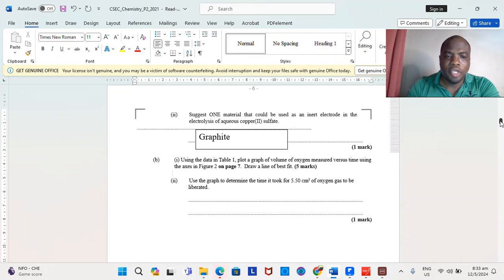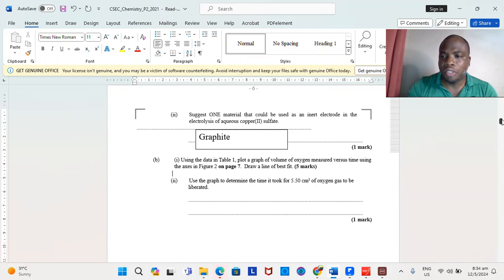It says, using the data in Table 1, plot a graph of volume of oxygen measured versus time using the axis in Figure 2 on page 7. Draw a line of best fit, and we would have had a graph.